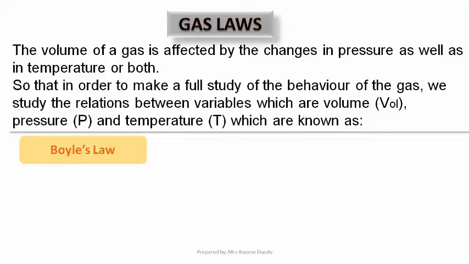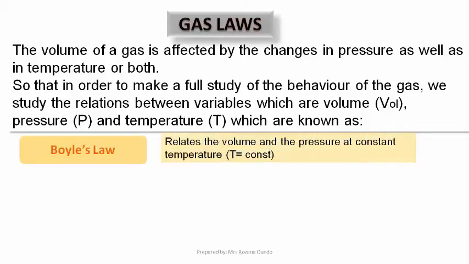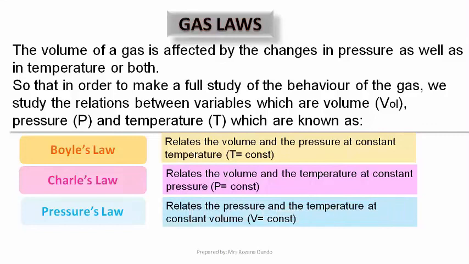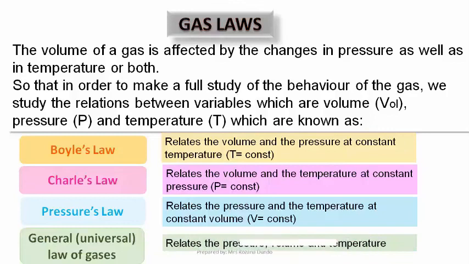First one is called Boyle's law. Boyle's law relates the volume and the pressure at constant temperature. Charles' law relates the volume and the temperature at constant pressure. Pressure law relates the pressure and the temperature at constant volume. And the general law of gases relates the pressure, volume, and temperature.